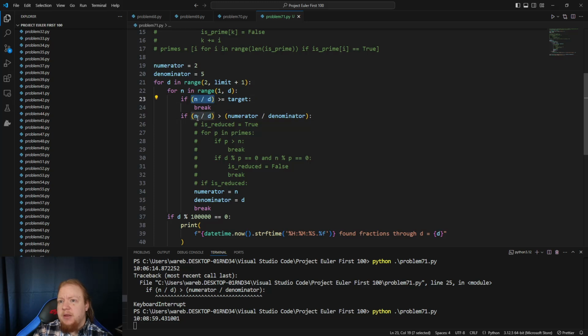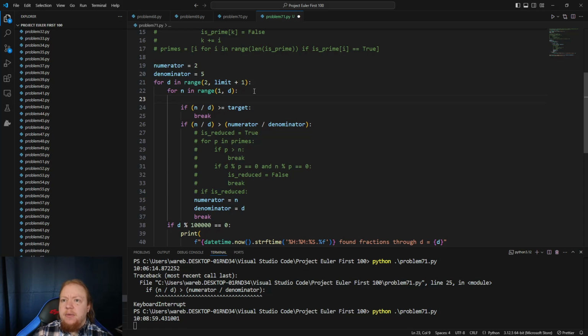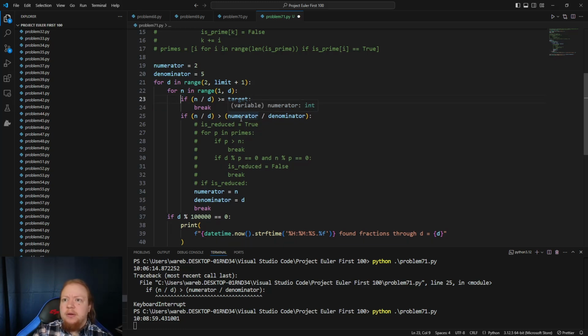And possibly we could make this slightly more efficient by calculating that once instead of twice. But I don't think that's going to be our major slowdown here. I think our major slowdown is not being clever enough with looking through the ends.